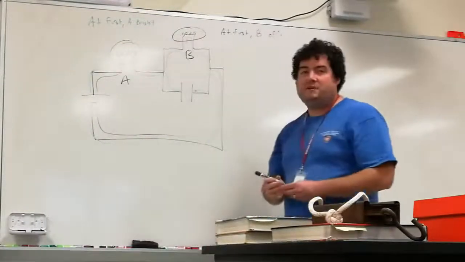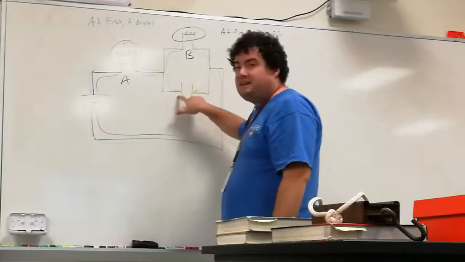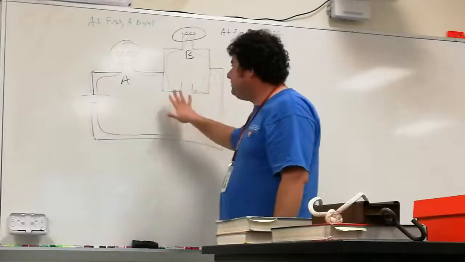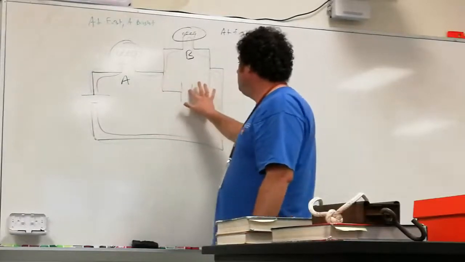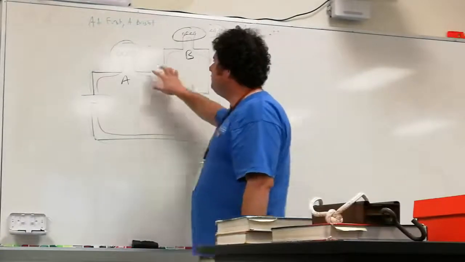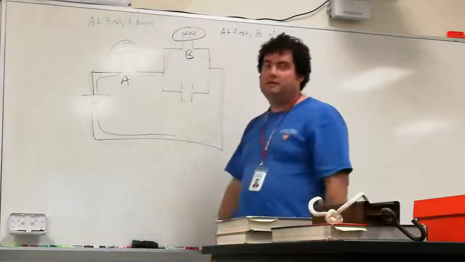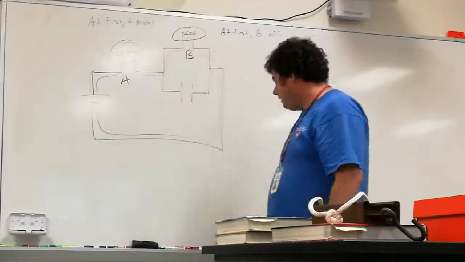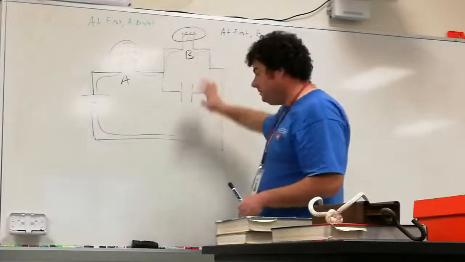What happens as time passes? Well, this gets charged. It can't take any more electrons away from here. It can't add any more to here. So current stops being able to flow along this green path. So we lose the current due to this path. We gain the current due to the purple path because now if electricity is going to flow at all, it has to go through the bulb.